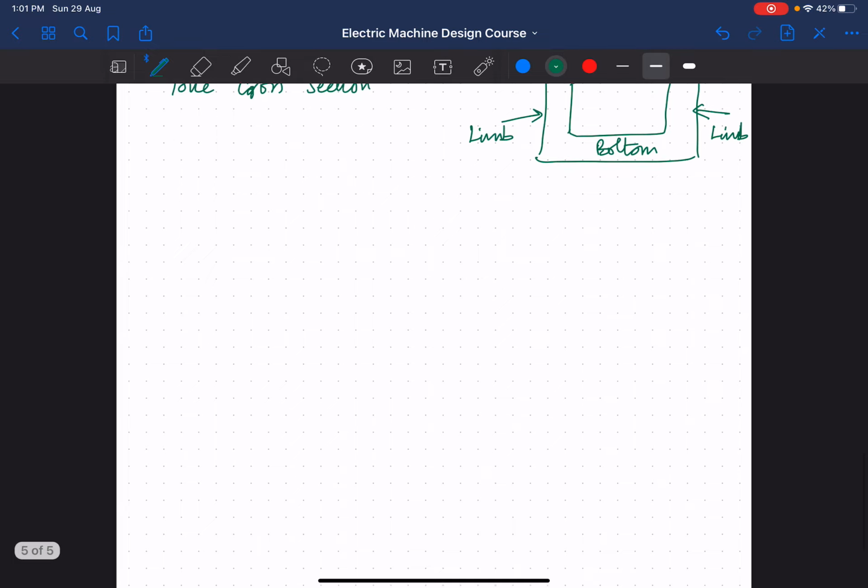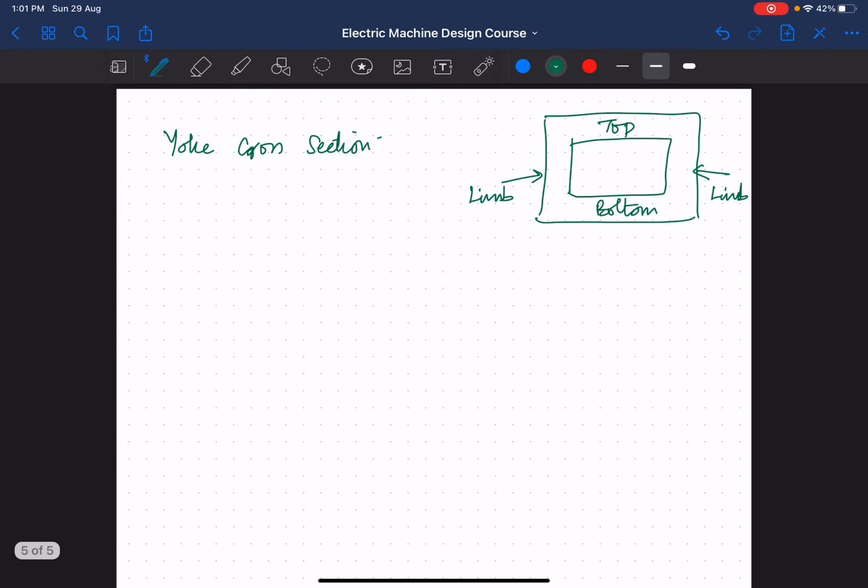So this yoke has a cross section of around 1.15 times the limb.